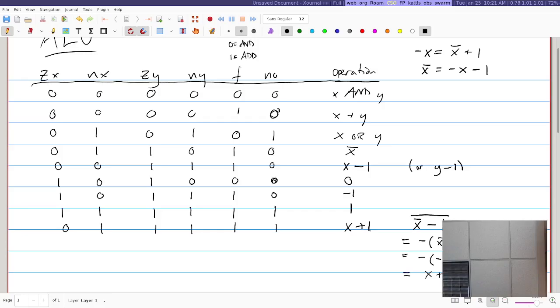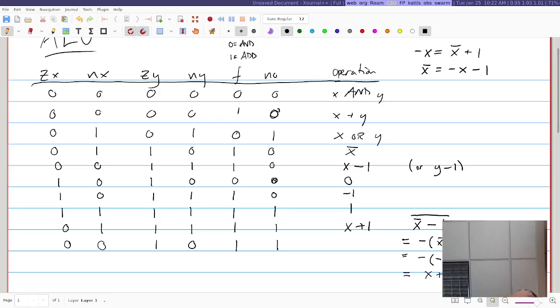Yeah, Claudia. So the same as the last column, but don't negate either x or y, but still negate the final output. I think we're close. Okay, so what do you want to do? You want to zero y? Zero y, don't negate y, and then add, and negate the output.